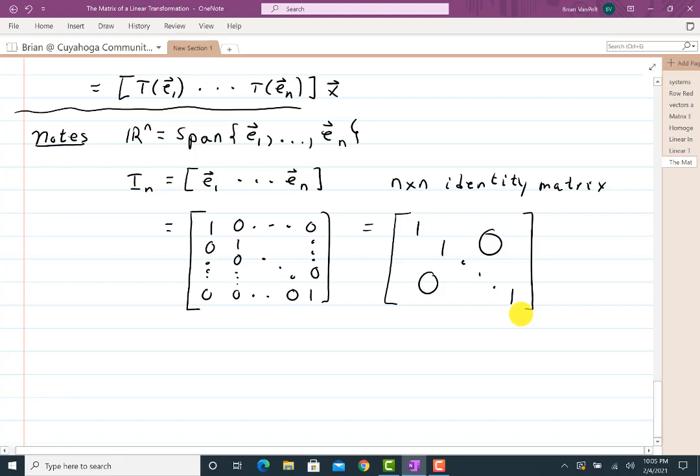Of course, the reason they call it an identity matrix is if I take a matrix that's compatible with multiplying by it, then the identity matrix will leave that matrix alone. It won't do anything. So it's really a multiplicative identity, if you will. In the world of matrices, this thing here is like the number 1.